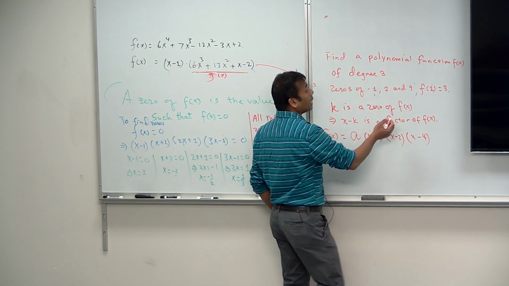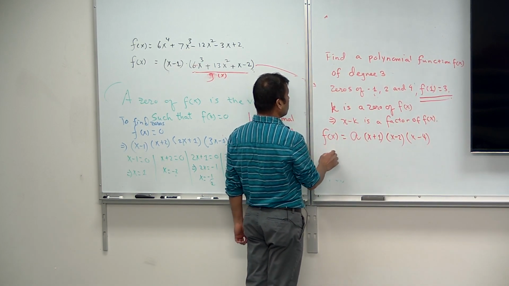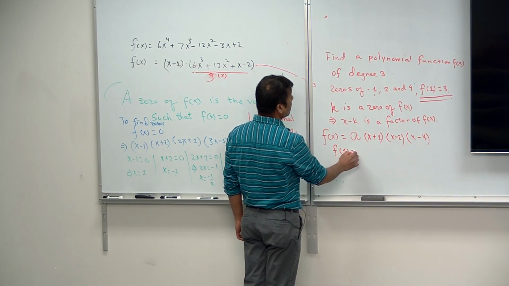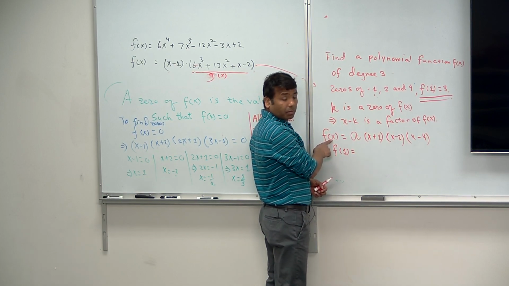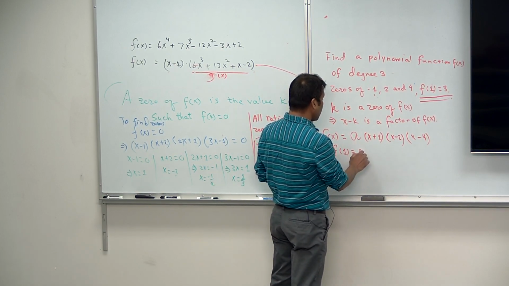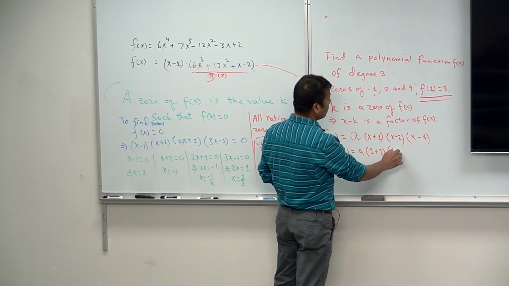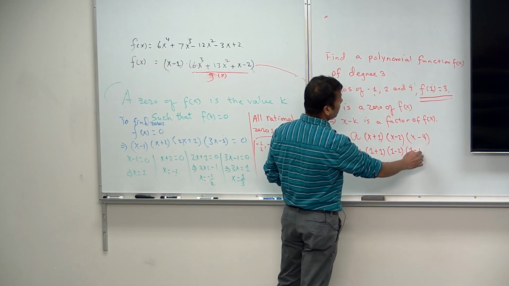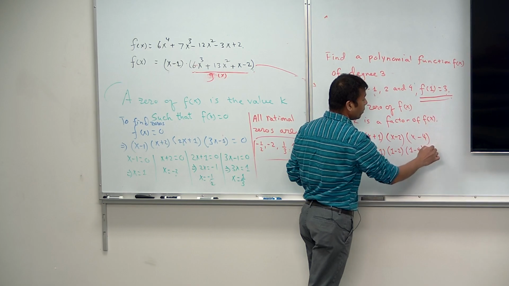So let's use this condition: f(1) equal to 3. But what is f(1)? You plug in x equal to 1, so this will be a times (1 plus 1) times (1 minus 2) times (1 minus 4). But you know f(1) is equal to 3.